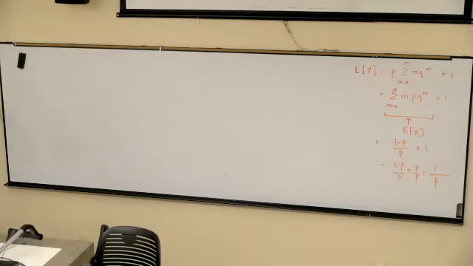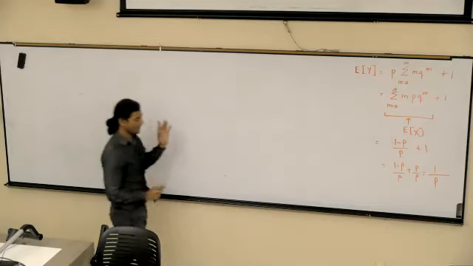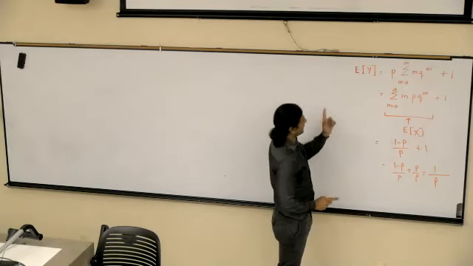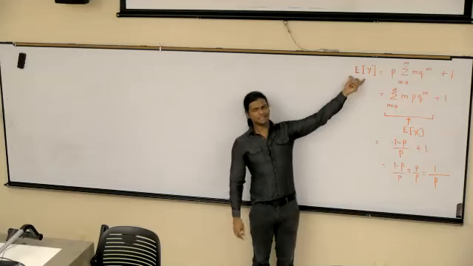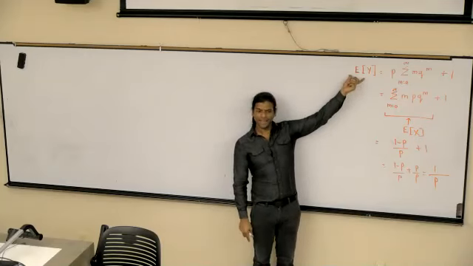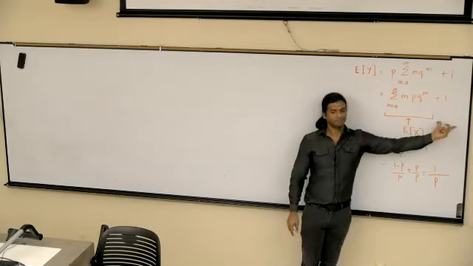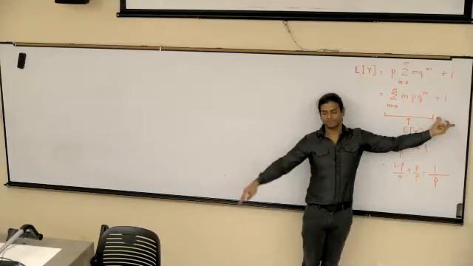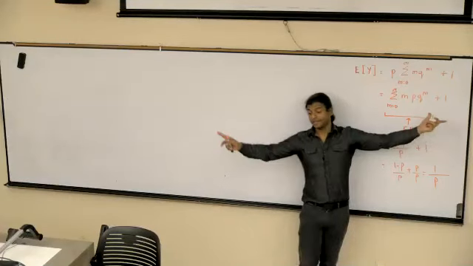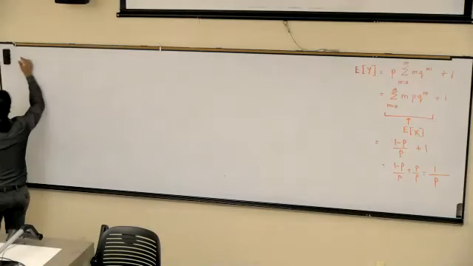So going back to the Dr. G problem, expectation of y ended up being expectation of x plus 1. Do you agree? What is y from the get-go? X plus 1. So that is what we call the linearity of expectation.